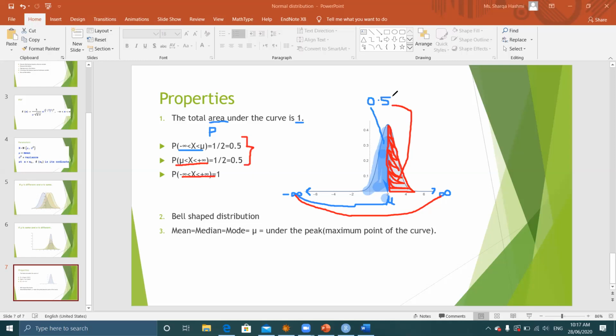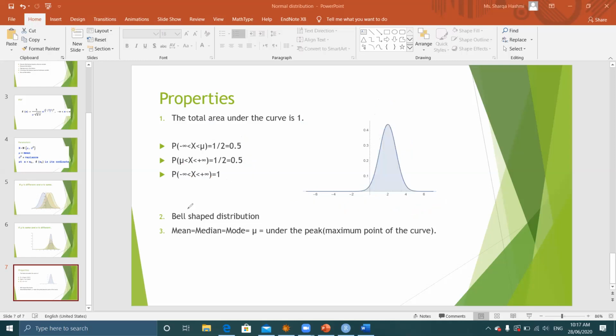The next is the property of the bell-shaped distribution. You can see that the shape of this distribution is bell-shaped, and it's looking like a bell.